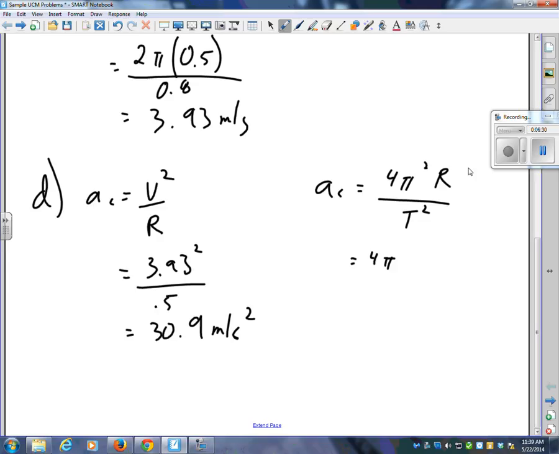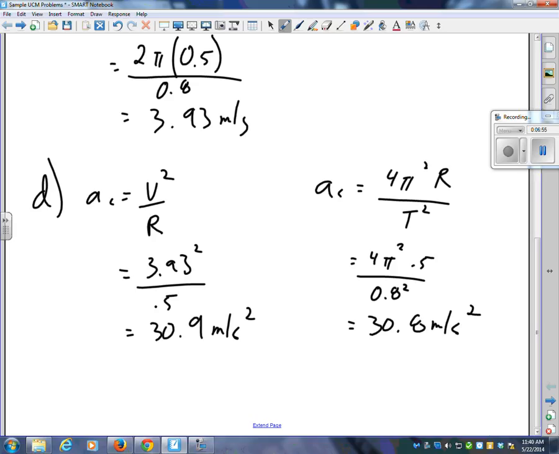It's not. It's 4 pi squared, and 4 pi squared is the k value, right? So just a little cautionary warning there. So 4 pi squared times 0.5, and t squared is 0.8 squared. And I get 30.8, which is almost the same thing.